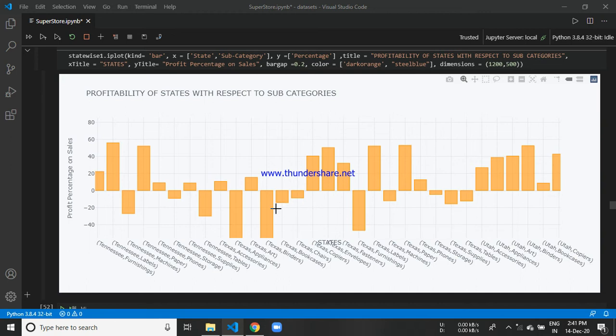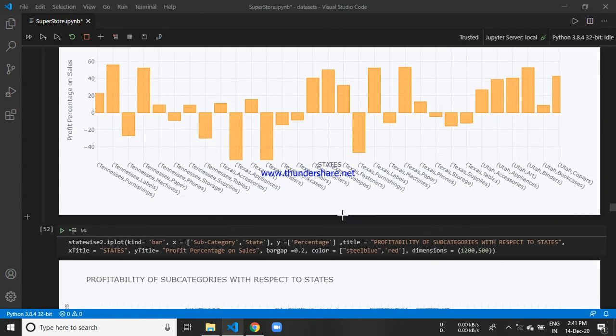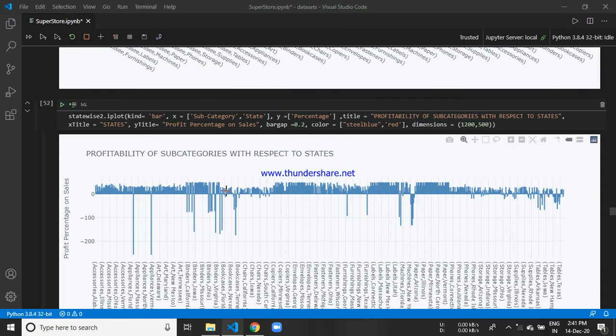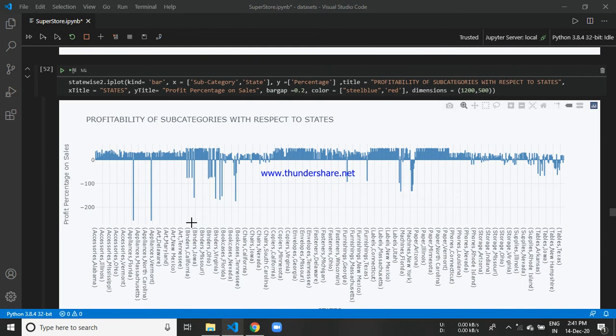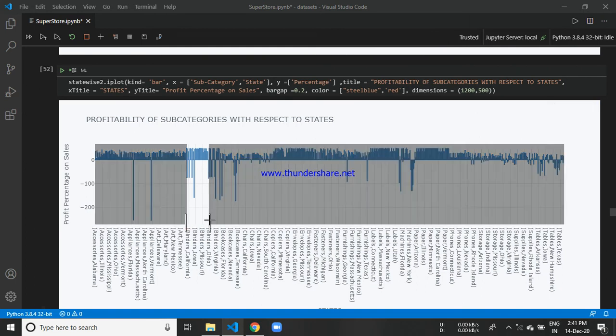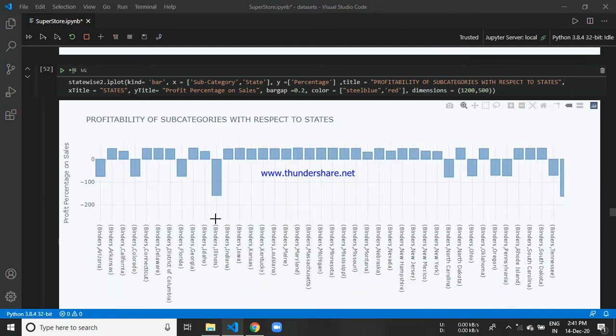If we are seeing that the binders are not good in Texas, then we should see where the binders are good. Okay, so let's see. We have seen that binders have shown a positive profit, right? So we will come into this section here, and this is the binders. We will select through here. Okay, so here we are with the binders.